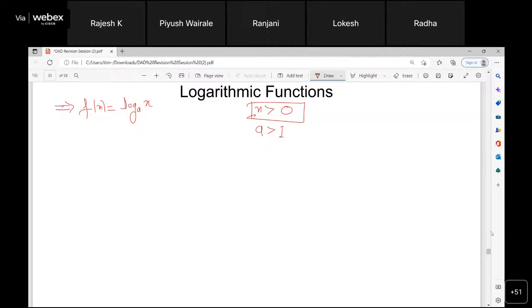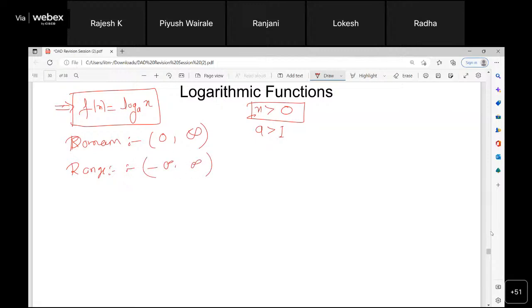So this is the basic logarithmic function, and a few properties you should know. So what is the domain and the range of this logarithmic function? Domain is the open interval 0 to infinity. Range? All real numbers, minus infinity to infinity, right?